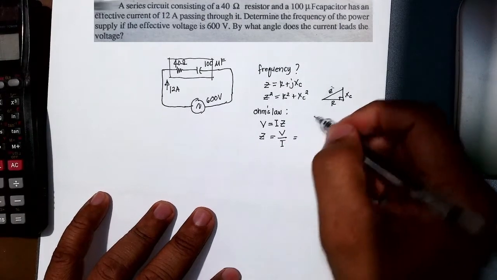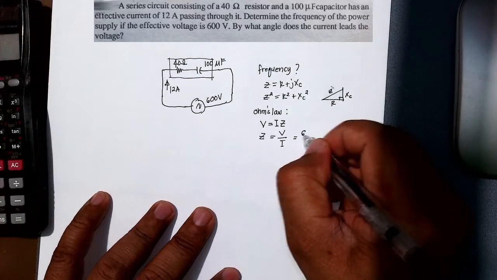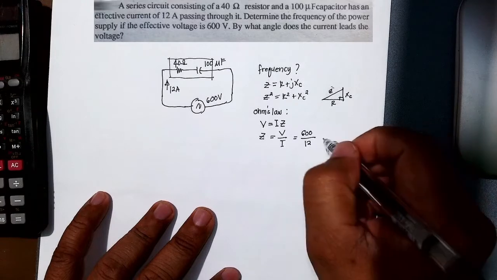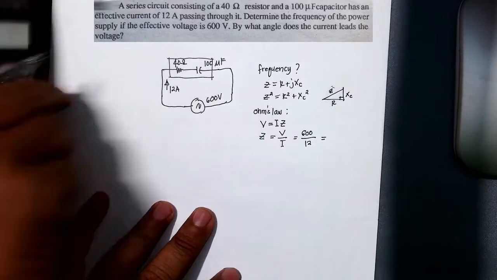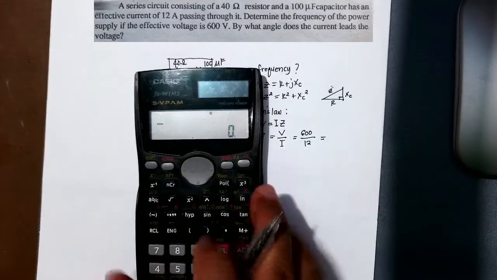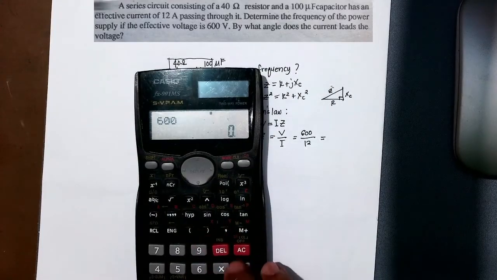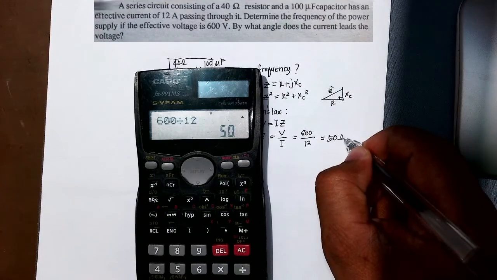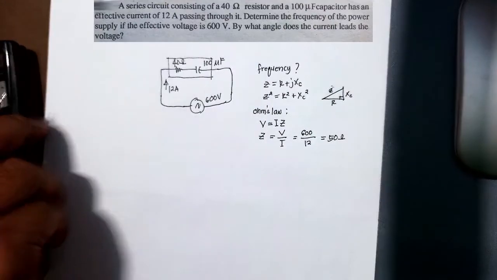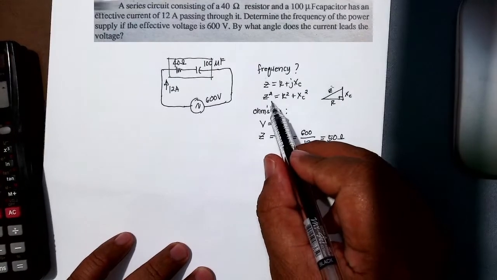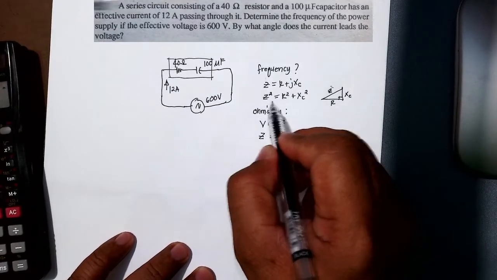Since there is the effective voltage, which is 600 volts, and also the effective current, which is 12, automatically we have 600 divided by 12, which gives us 50. So the impedance value is 50 ohms, and 50 ohms now can be used in this formula.